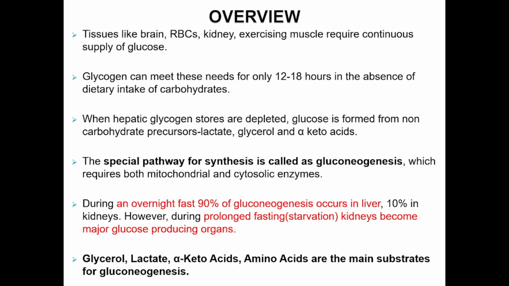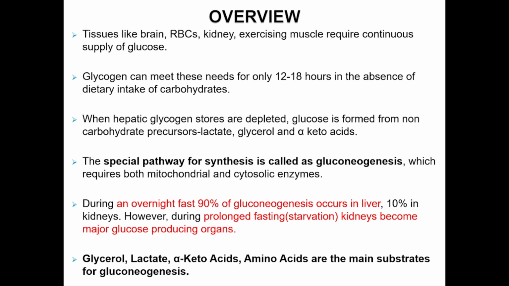The glycogen, if you remember, is the storage form of glucose. If you fast, the liver starts to produce glucose from glycogen. But if the fasting period is prolonged more than 12 or 18 hours, all the glycogen stored in the liver will be finished. So the glycogen in the liver can only maintain the blood glucose for 12 to 18 hours.